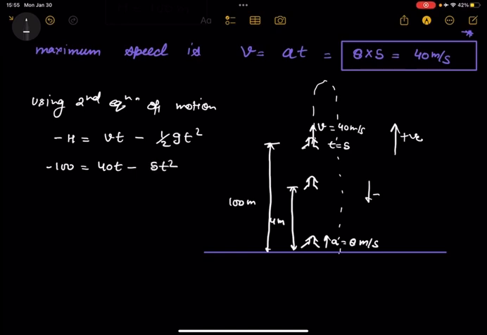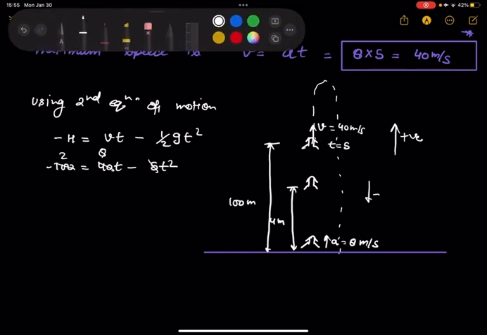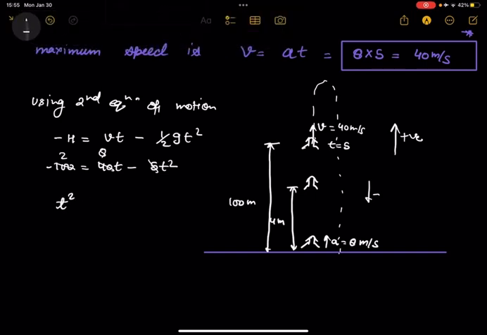So one quadratic will form: t square minus 8t minus 20 equal to 0.